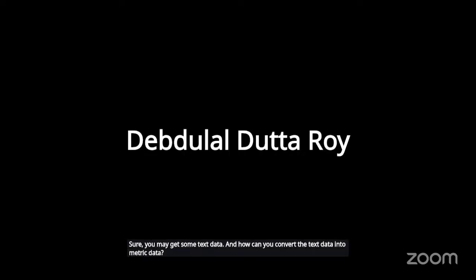You may get some text data, and how can you convert the text data into metric data? We can assign some numbers for some text like high, medium, low. We can convert it to 1, 2, 3 like that and convert into metric data.